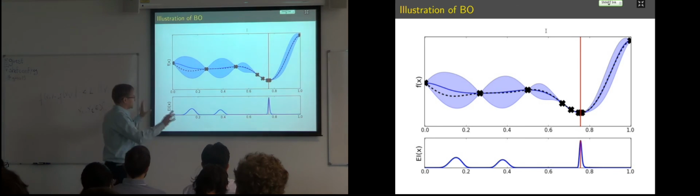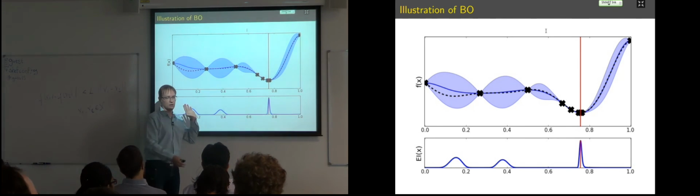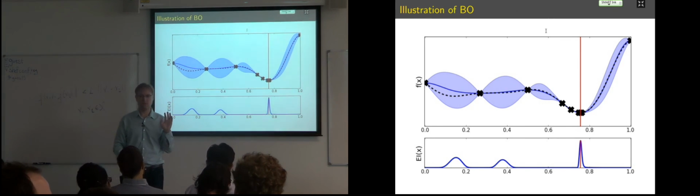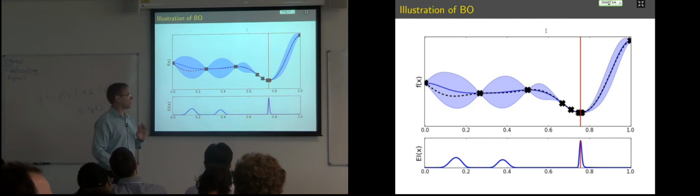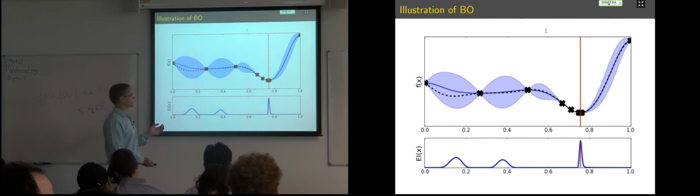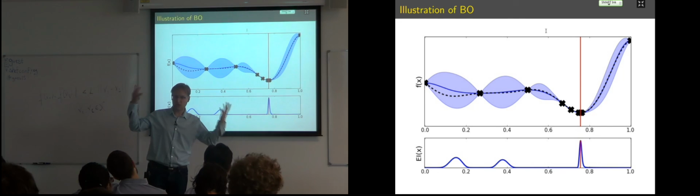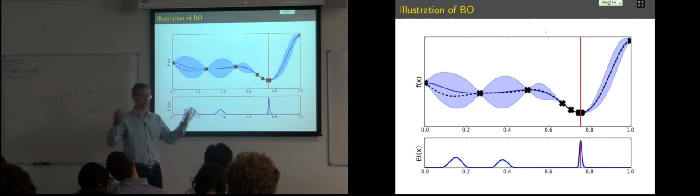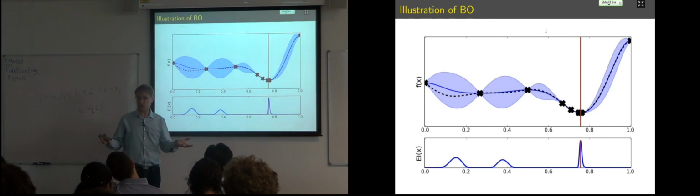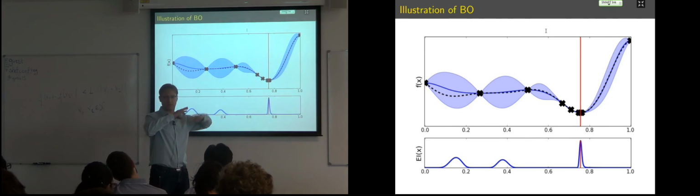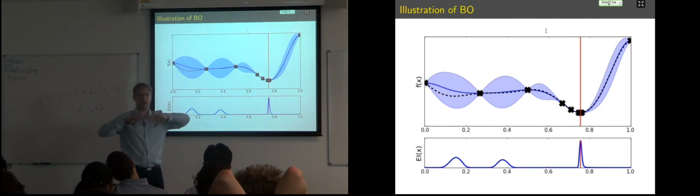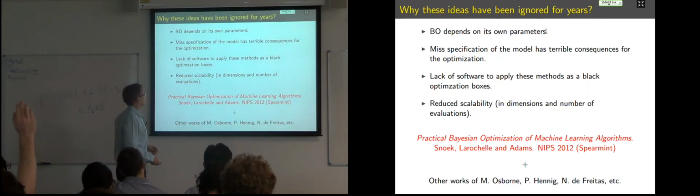So this is an illustration of how Bayesian optimization works. This is obviously a toy example, but now you can think of functions defining larger domains, especially when you want to tune your algorithm and have something like this happening to find the minimum of the problem.